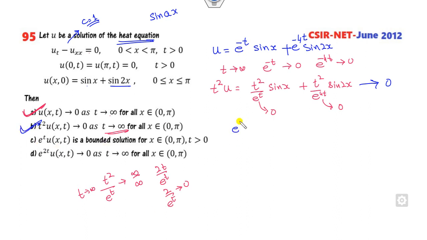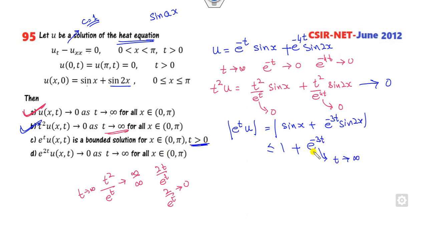e raised to power t times u is bounded, so I can start from here, I can multiply this sin x, e raised to power minus t, sin 2x, which is less than 1. Clearly this says that whenever t is greater than 0, that is whenever t approaches infinity, this part goes to 0, so this is less than 1, it is bounded.